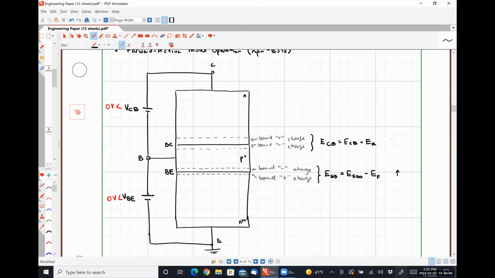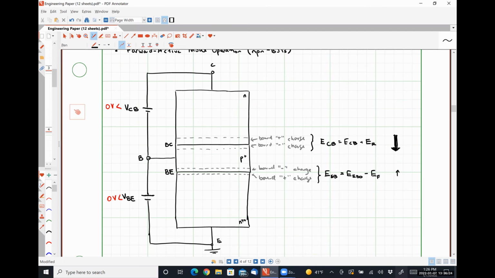Whenever we reverse bias a PN junction, it makes the barrier potential larger, which means we have a larger electric field directed down, right? It's still going from positive charge to negative charge, but because of the sandwich structure, the positive charge is up here in the collector, and the negative charge is again in the base because of the way they're doped.